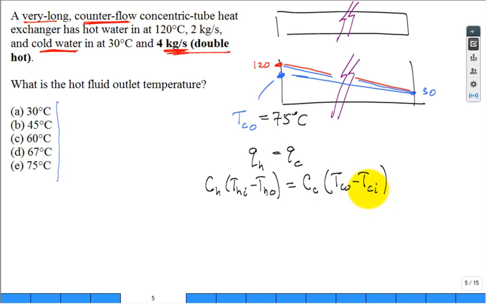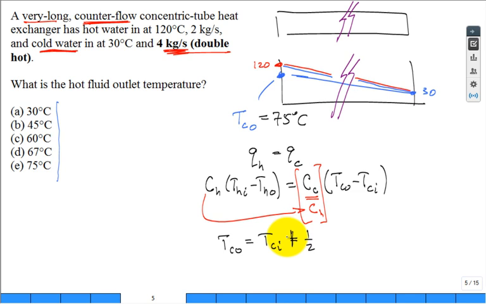Did I mess it up yet, or am I still on track? But because the mass flow rate of the cold is double that of the hot, I can bring this over underneath. And then what's the ratio of C cold over C hot? Isn't that 2? Or if you like to do it another way, you could put the temperature cold out is equal to the temperature cold in plus 1/2 temperature hot in minus temperature hot out.